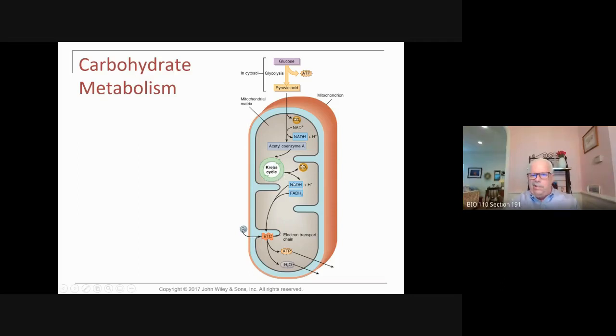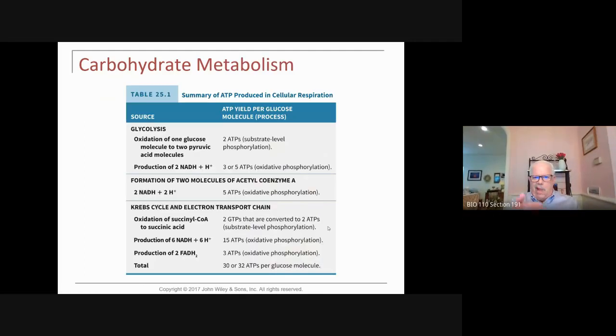Getting into the Krebs cycle will produce electrons that are captured by the electron transport chain, which is in the inner mitochondrial membrane, which will produce ATP and water. Those are the positive things that it does. And this is a summary. It's probably a good summary to look at.